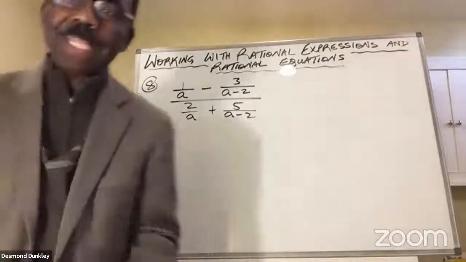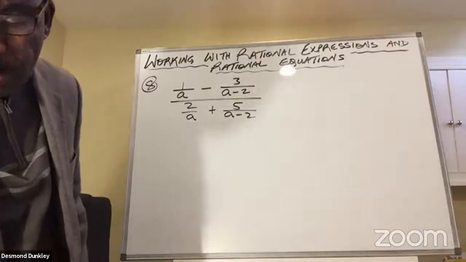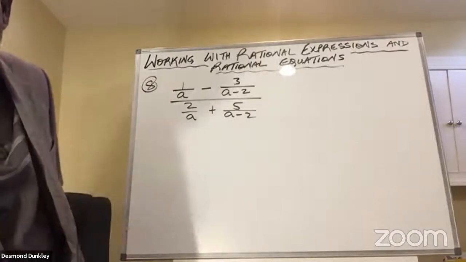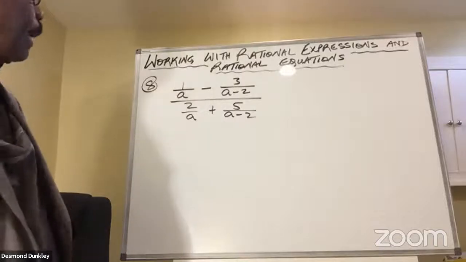So this one has a lot of things going on right here. Let me make sure I copied it correctly: 1 over a minus 3 over a minus 2, all over 2 over a plus 5 over a minus 2.